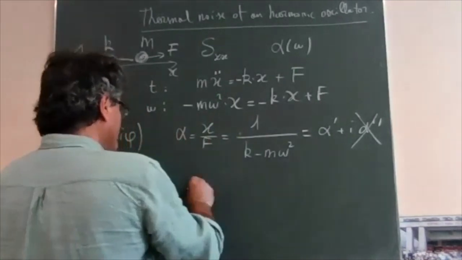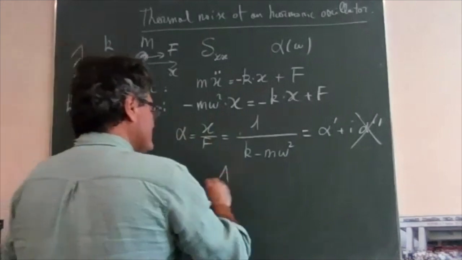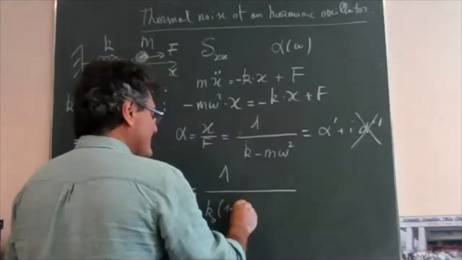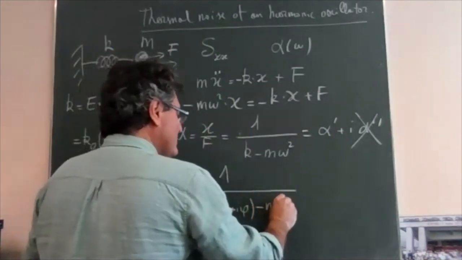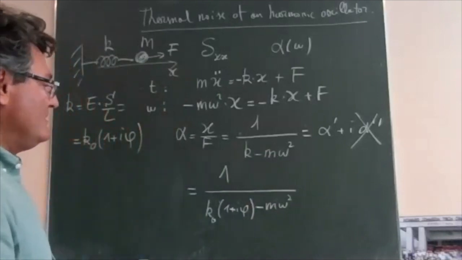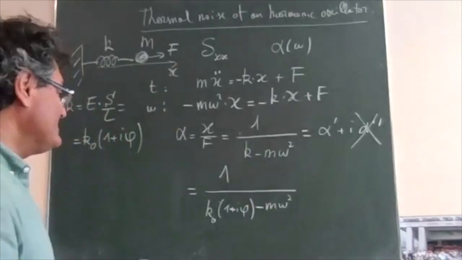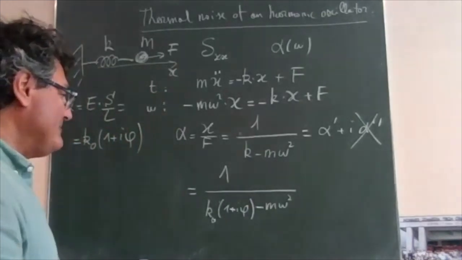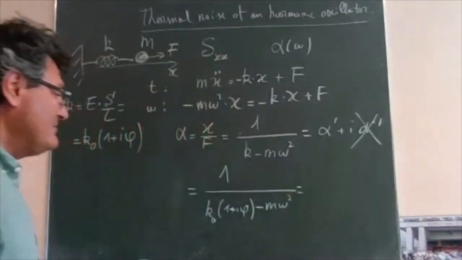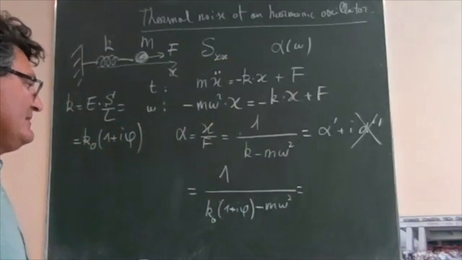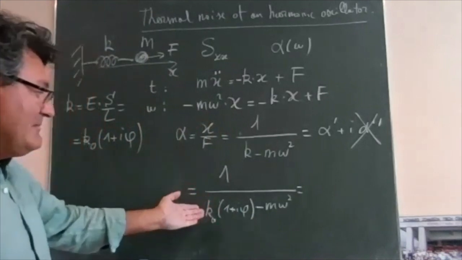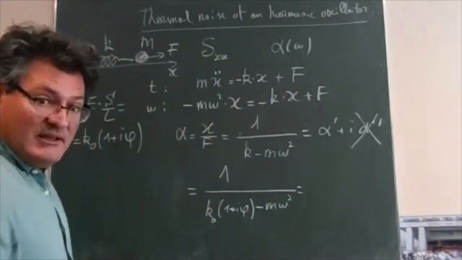So we are going to use this expression: 1 over k naught (1 + iφ) minus m omega squared. And now we are able to work out the real and imaginary part. We are interested just in the imaginary part, so let's do it immediately.